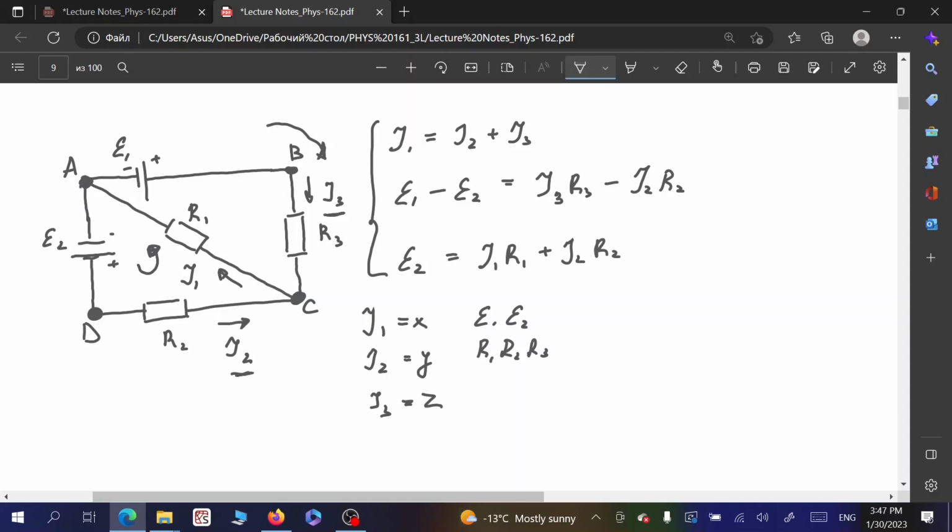So that's a general approach for how you apply Kirchhoff's rules, the junction and loop rule, in order to understand what's going on in terms of electric currents in the circuit. Obviously, if, for instance, initially the magnitudes of electric currents are given and some other parameters are unknown, then you consider them as unknown parameters and solve the system of linear equations with respect to that.